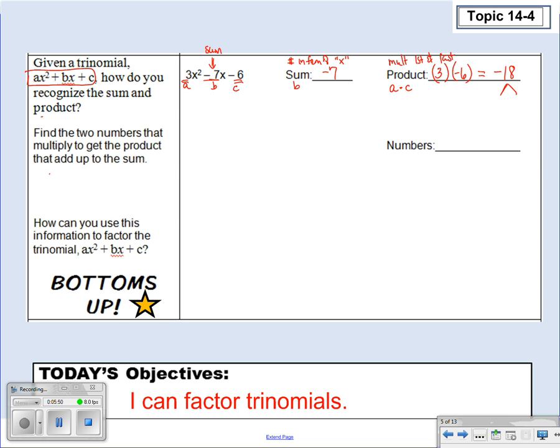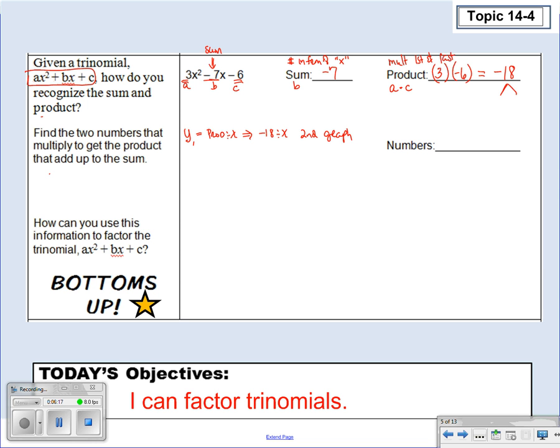And if you were unable to come up with the numbers off the top of your head, then you could use the calculator. Remember the calculator, y1, we put in the product and then divide by x. So in this case, we would put in negative 18, divide by x, and then we would hit second graph.